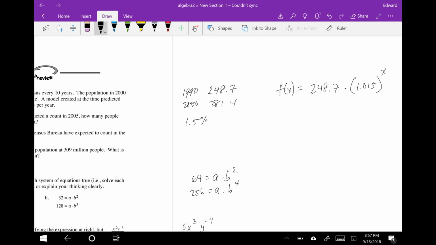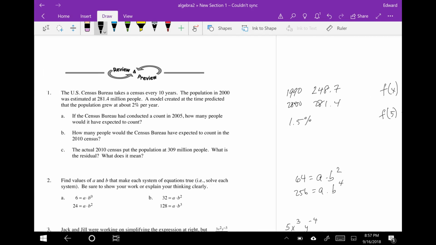So if somebody asked me in 5 years, let's say 1995, what would the model have predicted? I would say, okay, f of 5, that's 5 years from 1990, equals 248.7 times 1.015 to the fifth. And if I plug that into my calculator, I will get a result. And I'll let you do that.